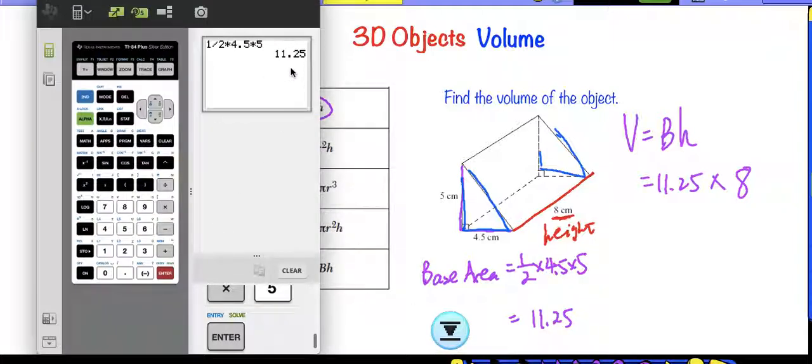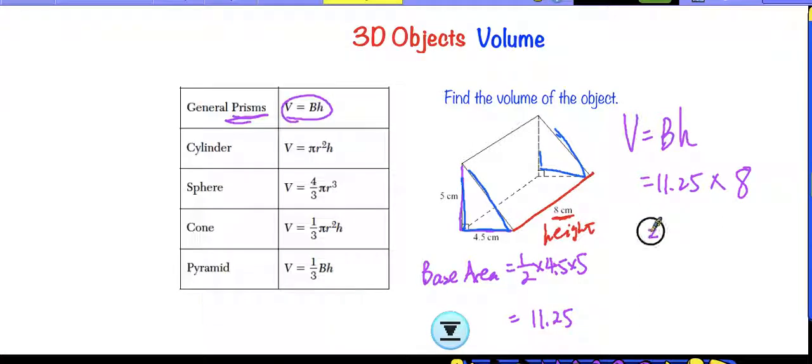So we already found the base area times its height. So the answer is 90. Okay, so now we write down this. Since it's 90, do not forget the unit. We have centimeter, centimeter, centimeter. So we multiply the measurement 3 times, so this is our volume.